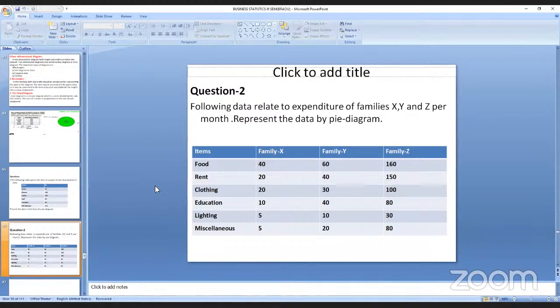So here in this table, it is representing the three families: family X, family Y, family Z. First, you complete family X and draw the pie chart. Next, you go to family Y, do the explanation and draw the diagram. And after completing Y, you go to Z.